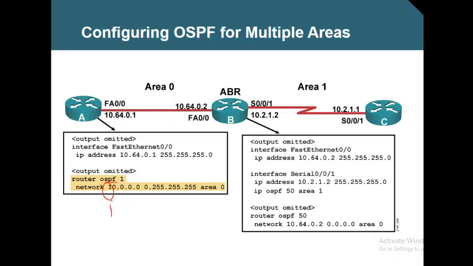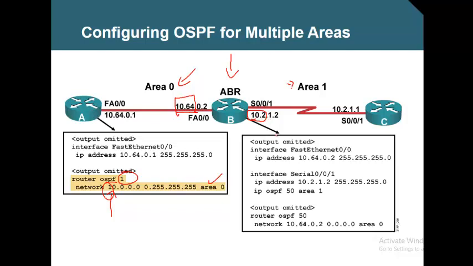This is any interface that has got 10 belonging to OSPF 1 area 0. I cannot say that here in this router, because in this router this particular 10.64 is area 0, and 10.2 is area 1. So I need to do it separately.